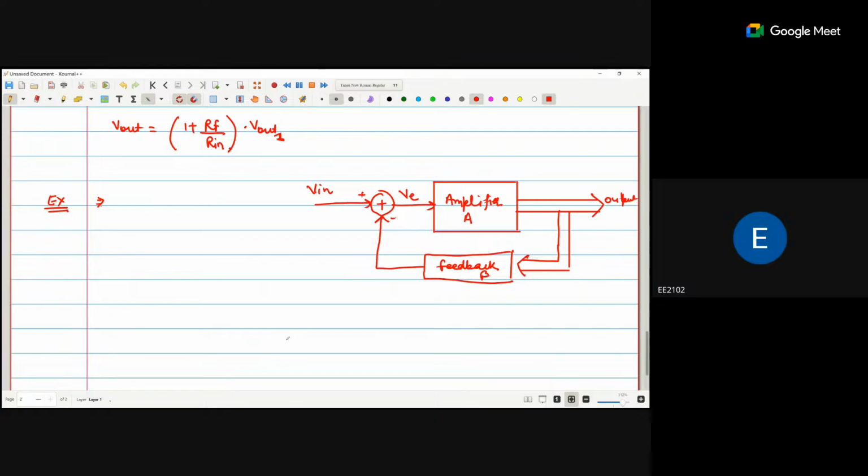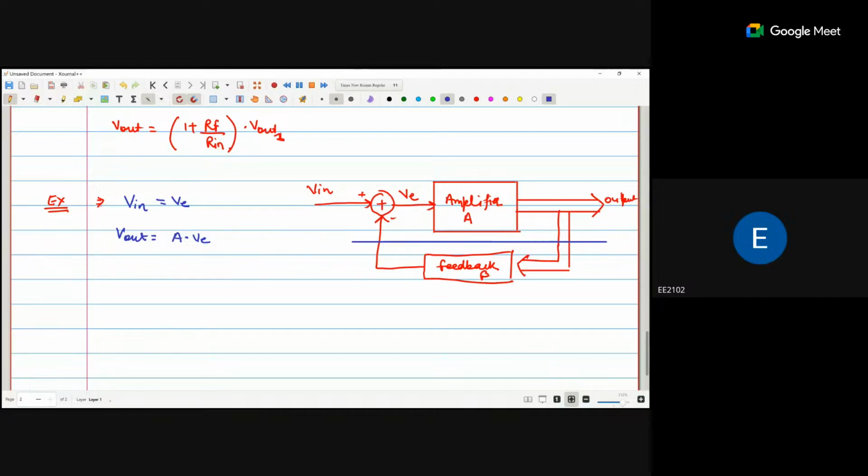Now what is the meaning of open loop? If I break this from here, that means no feedback. If I break this circuit, that means no feedback. So V in is equal to VE, and V out is equal to A times VE.